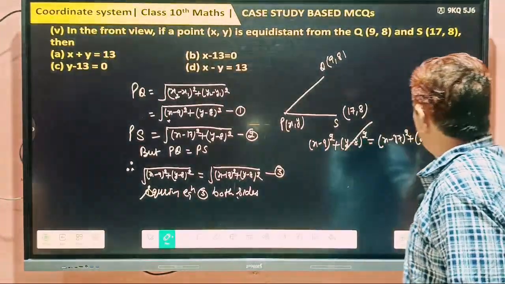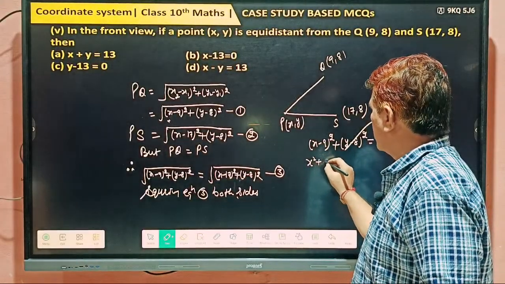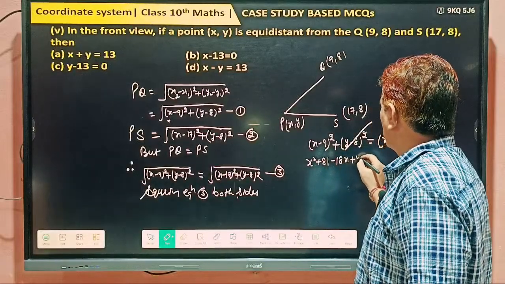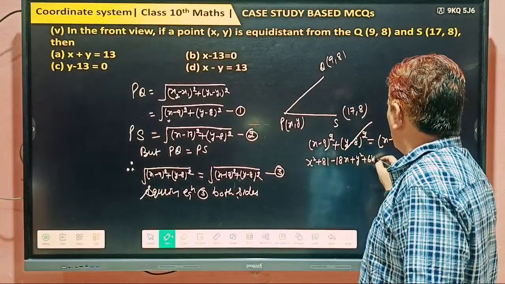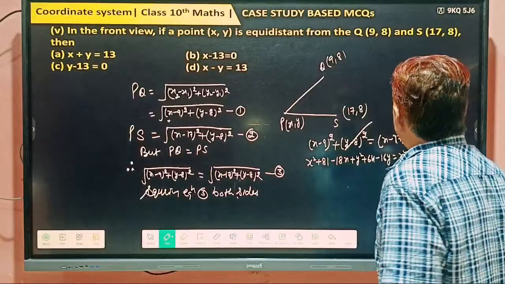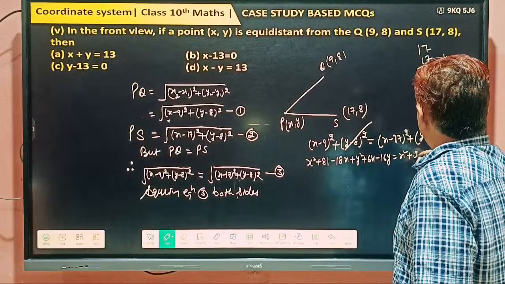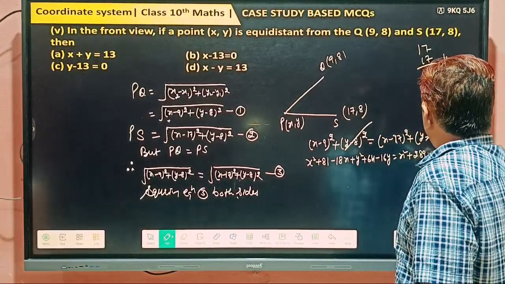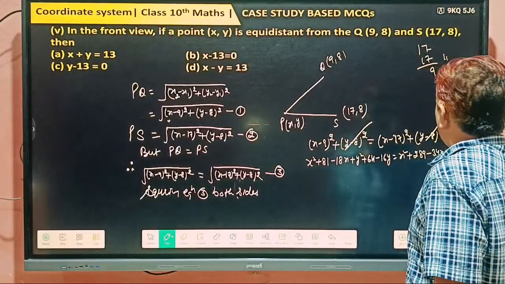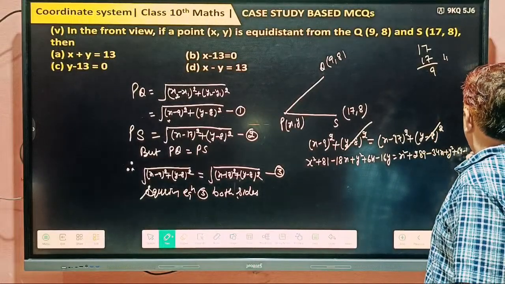Expanding: x square minus 18x plus 81 plus y square plus 64 minus 16y is equal to x square minus 34x plus 289 plus y square plus 64 minus 16y.